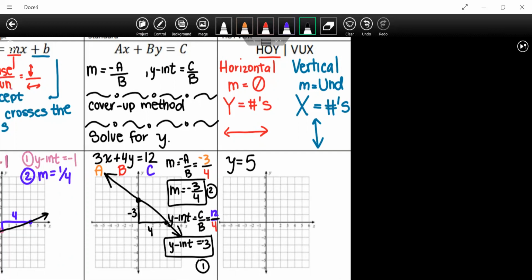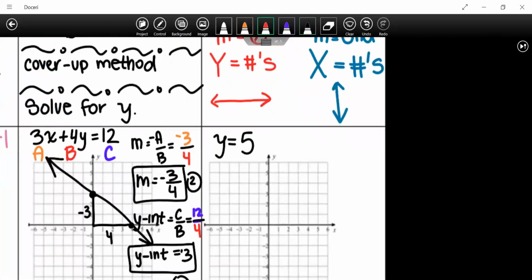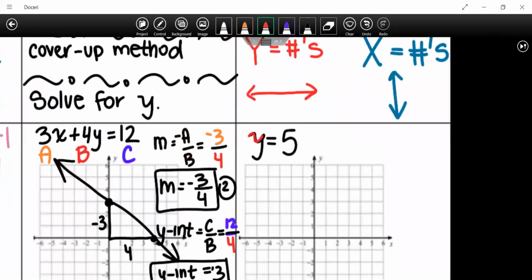When you see that, you want to think, okay, it has to be one of those Hoy-Bucks ones. In this case, because we have a y term, it happens to be Hoy. So we're going to use Hoy to graph this. We're still going to use a point at 5, so we go all the way up to y at 5. Because it's horizontal on that point, we're just going to draw a horizontal line. We're done. That's it. Easy enough.